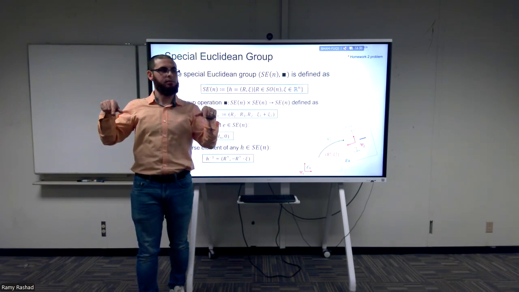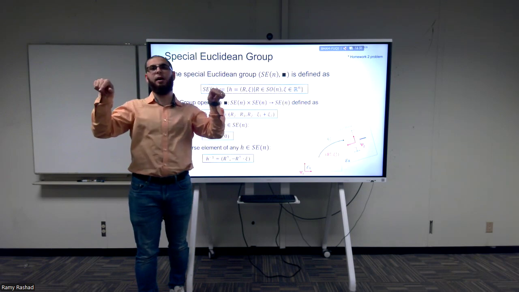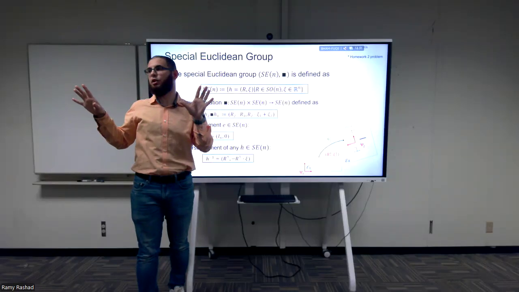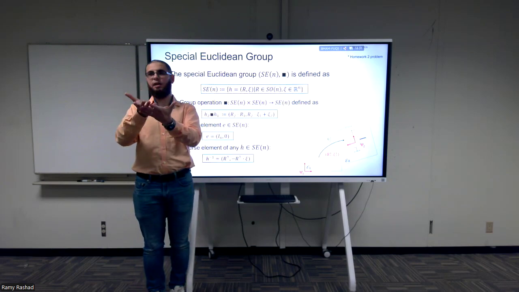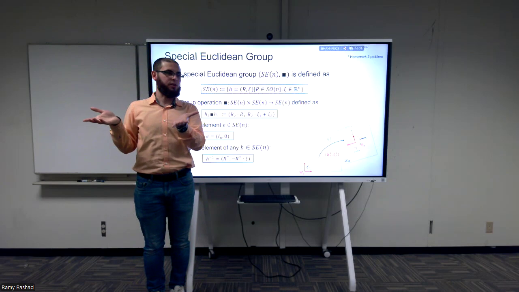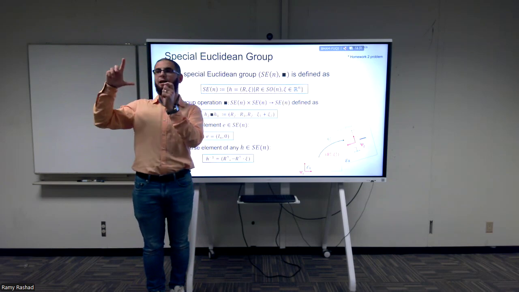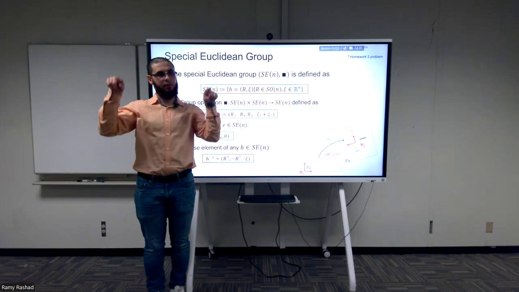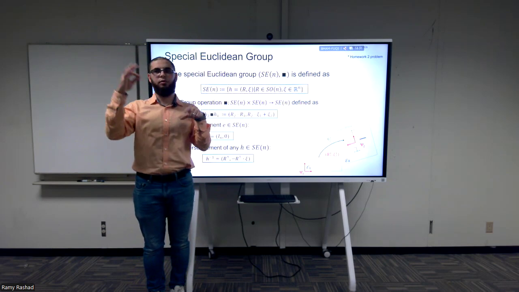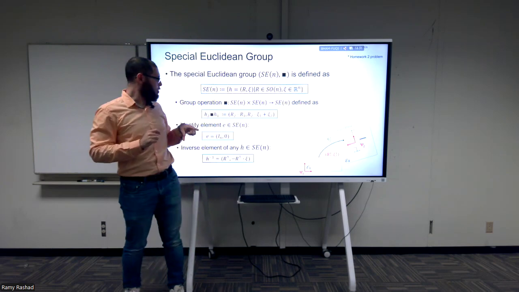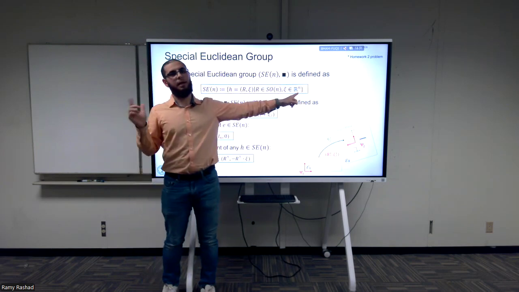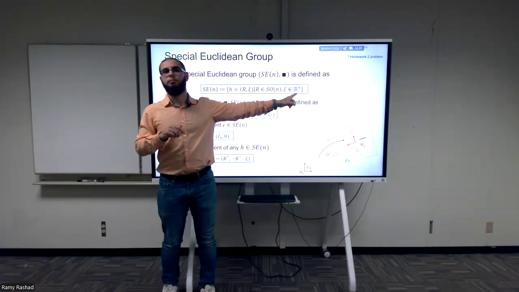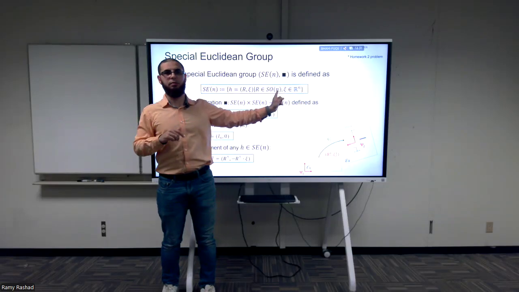So in other words, if I give you any 9 numbers, does it represent a rotation matrix? No. You need to make sure that the inverse is the transpose and the determinant is equal to +1. So all of these constraints reduce the 9 dimensions of the matrix into 3 numbers. So SO(n) is an n-dimensional manifold and Rn is an n-dimensional manifold. Okay. So this is 3 dimension, this is 3 dimension.